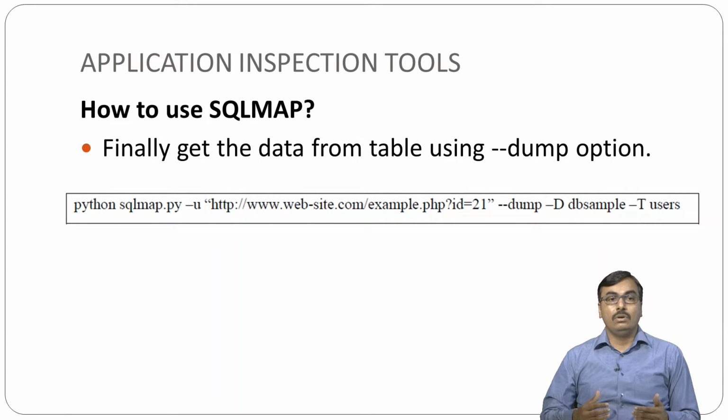So, you can see the highlighted command over here, python sqlmap.py -u, then your vulnerable URL. --dump is the option for getting the data from a specific database, specific tables. So, --dump will retrieve the entire user's data.